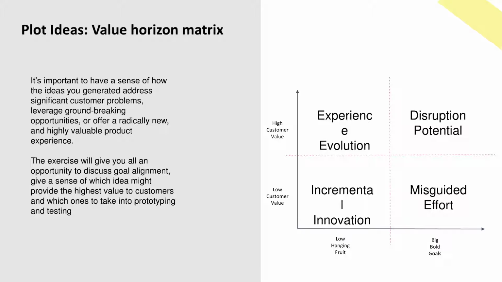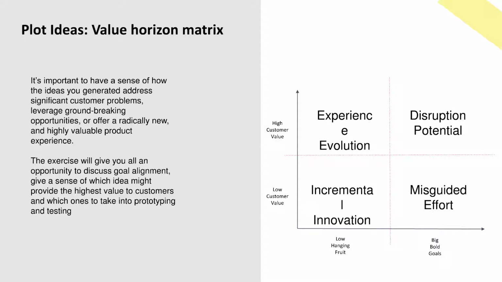And so you can plot your ideas. You can use Post-its. You can use this in Mural. And along the x-axis, you see that you have low-hanging fruit or big, bold ideas. And on the y-axis, low and high customer value.